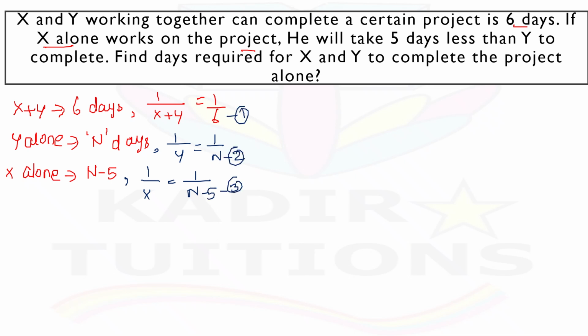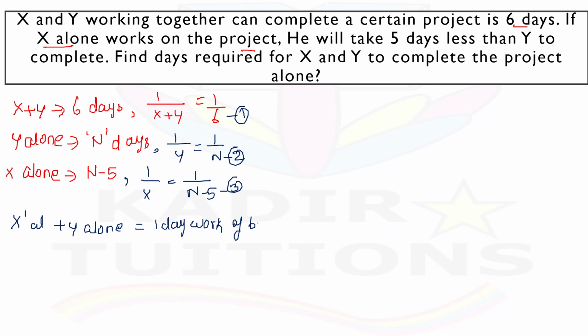Now we know that in one day both together can complete 1 by 6 of the work. So I am taking x alone's work plus y alone's work, so that it is the one day work of both.